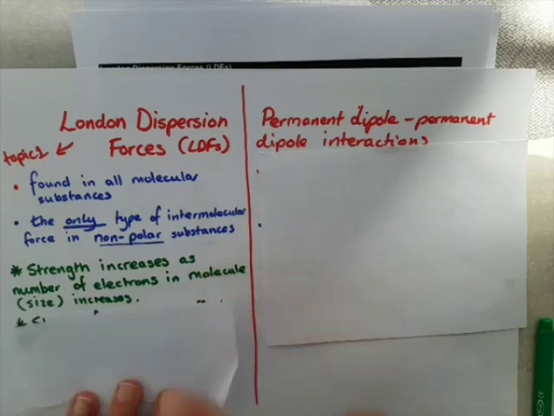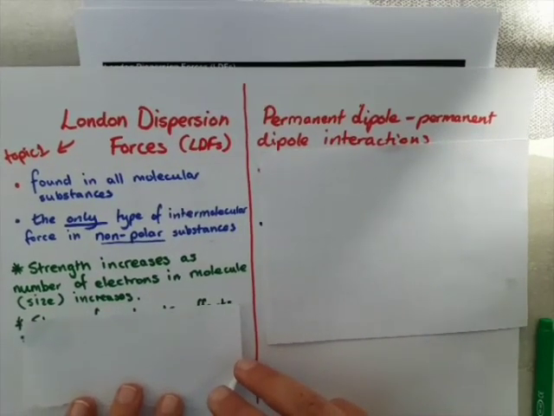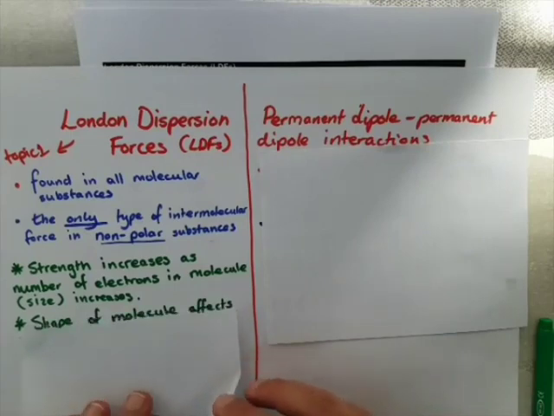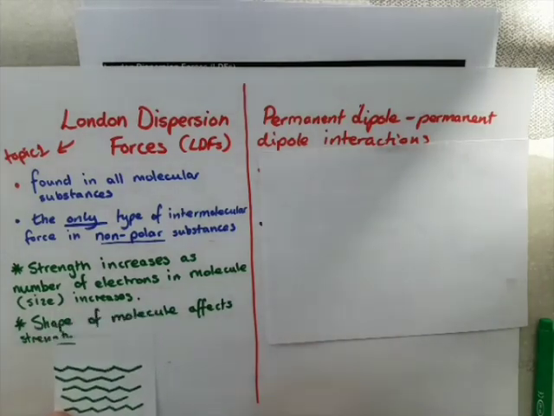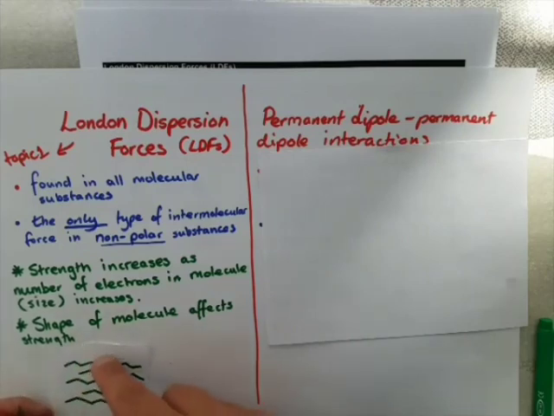So we learned about this factor already, but I'm just wanting to emphasise it. Another thing that you should be aware of, which comes up a bit more in Unit 2, is that the shape of the molecule also affects the strength of London dispersion forces. There is an example of that in the booklet, and I just want to illustrate it again here. If you've got a molecule that is quite linear, quite straight in structure, it can sit quite closely together with other molecules.